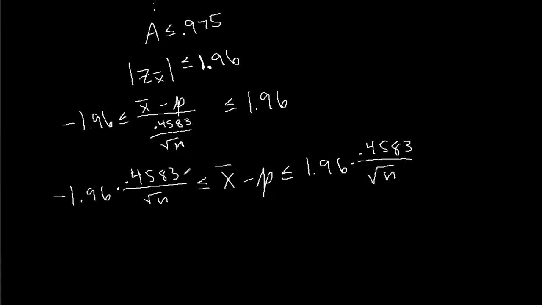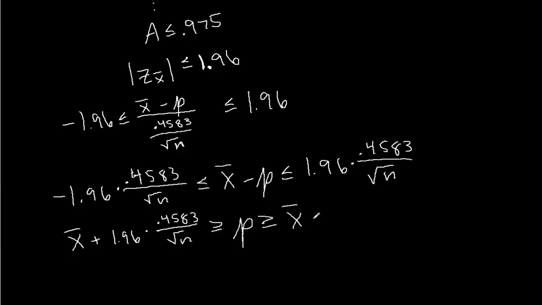Okay, so we subtract x bar and then multiply everything by -1, and this becomes x bar plus 1.96 times 0.4583 over the square root of n greater than or equal to p greater than or equal to x bar minus that.